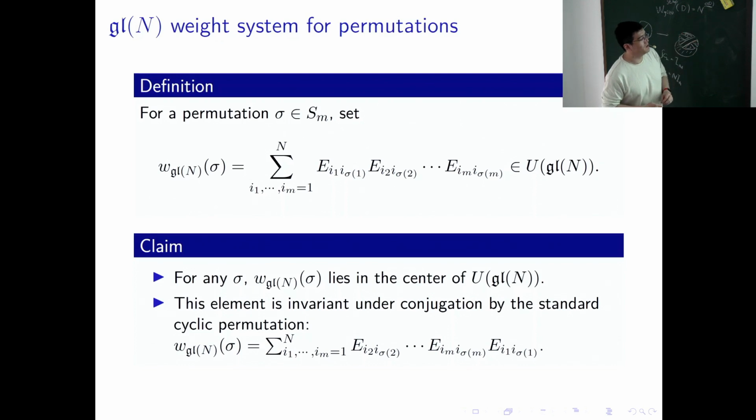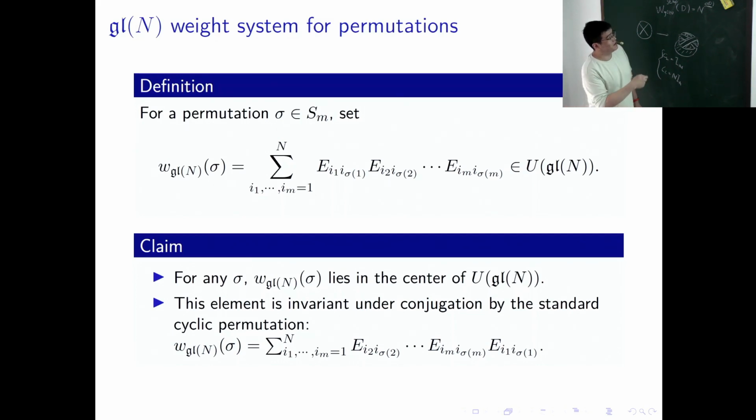It's based on a suggestion from Professor Yang, and I did the following work. So for any sigma, W_GLN of sigma lies in the center of the universal enveloping algebra, and for this invariant, the cyclic computation I'm going to give later.